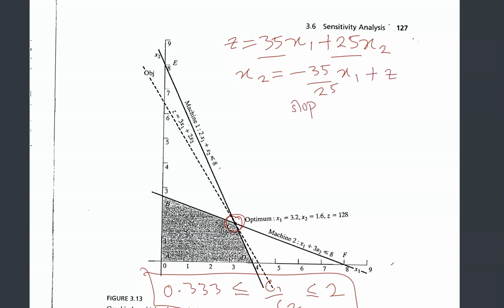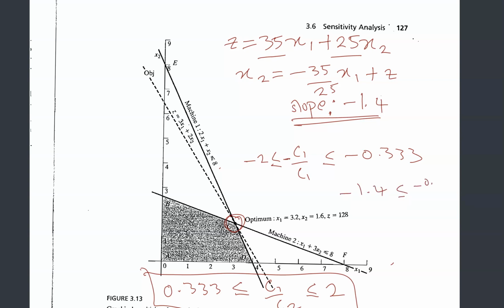So the slope is minus 1.4. The original slope was minus 0.333. Okay, so this slope is still between this range. So the optimal solution is not changed.